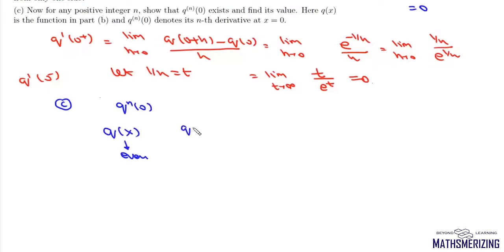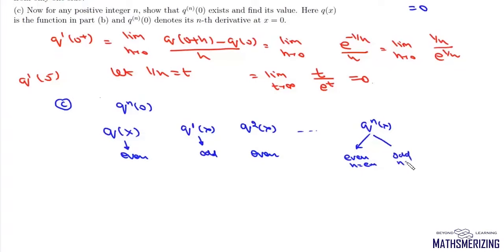Now if q(x) is even, q'(x) is odd, q''(x) is even, and it continues. So we can say this q^(n)(x) will be even when n is even, and will be an odd function when n is odd. So we can simply write q^(n)(-x) will be (-1)^n q^(n)(x).